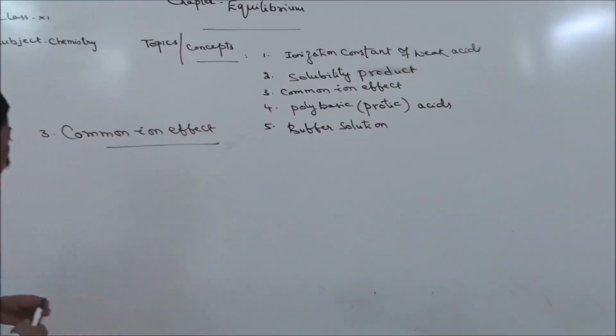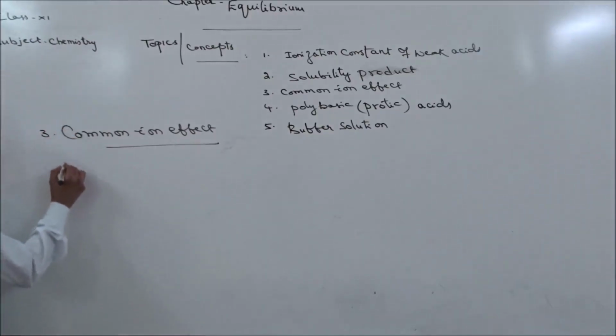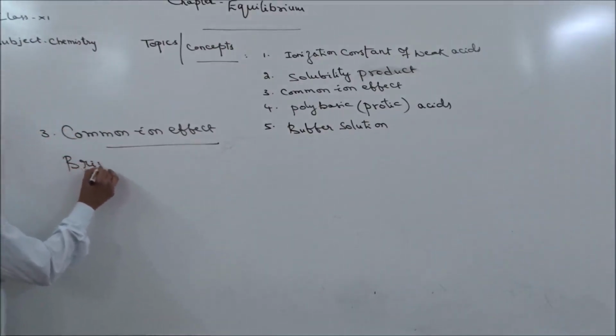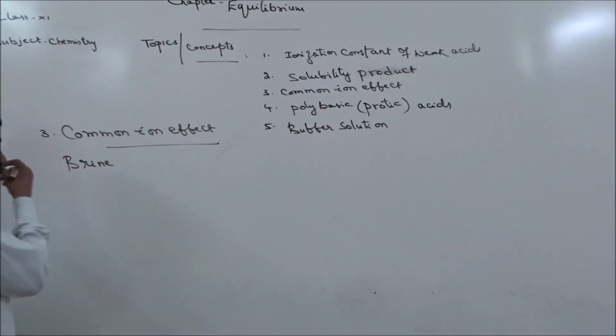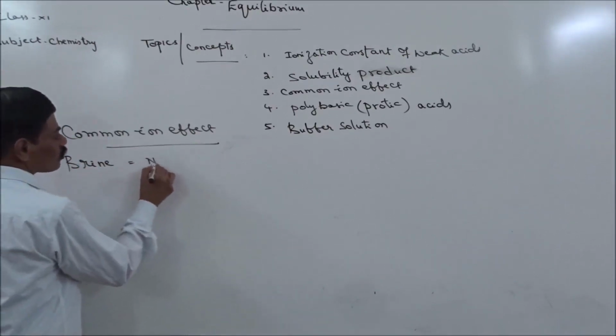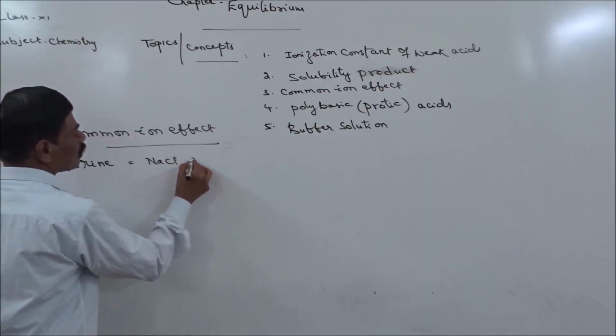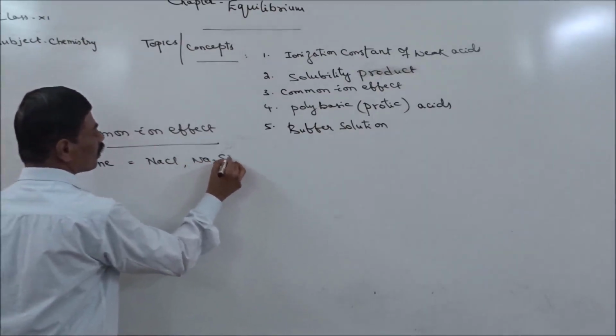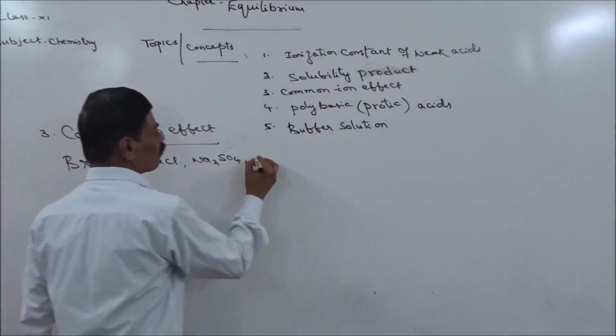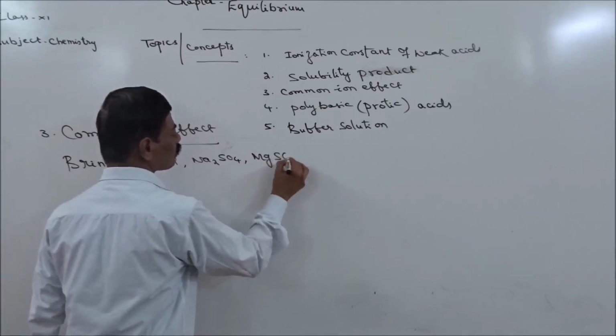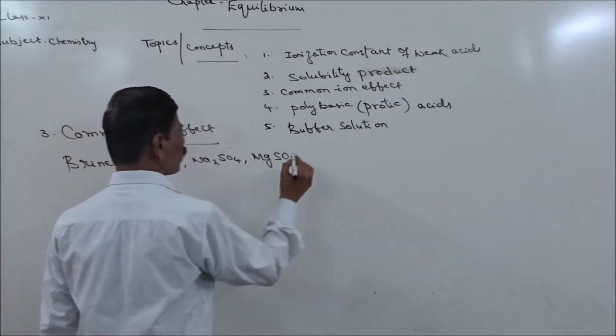Now let me give one example for this, that is brine, not brain, brine, which contains sodium chloride, sodium sulfate, magnesium sulfate, right?